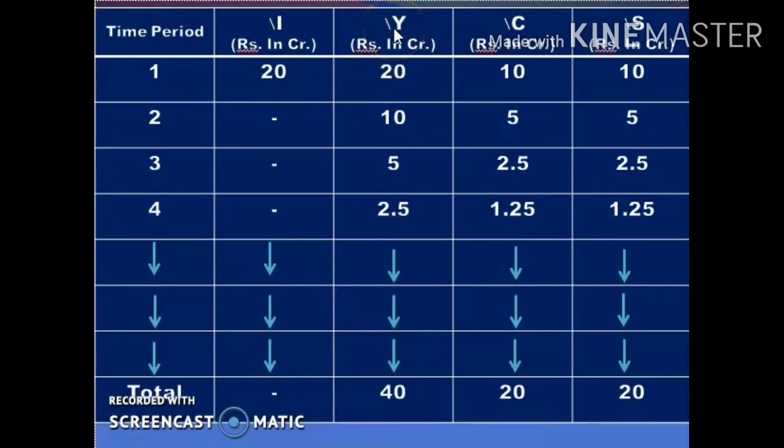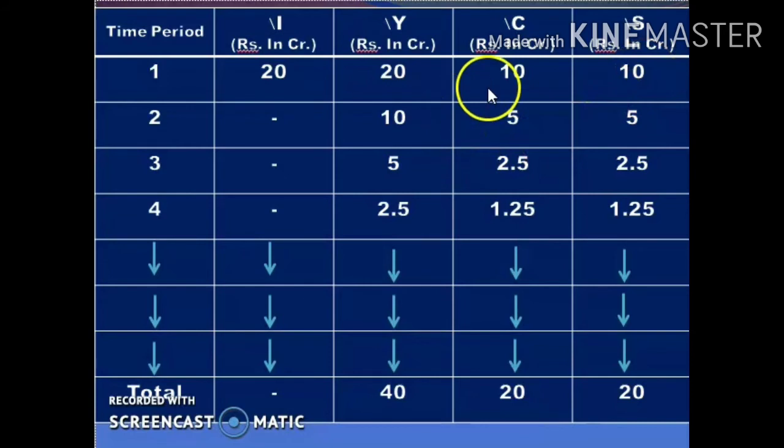Delta Y into MPC is delta C. So what is the answer? 10 is the answer. Then how did delta S come? You subtract delta Y minus delta C, 20 minus 10, and you will get 10.